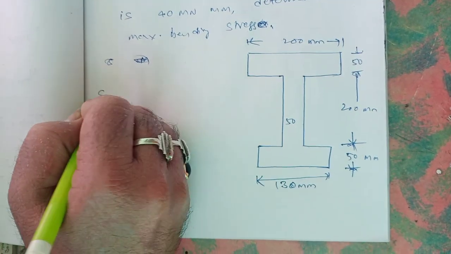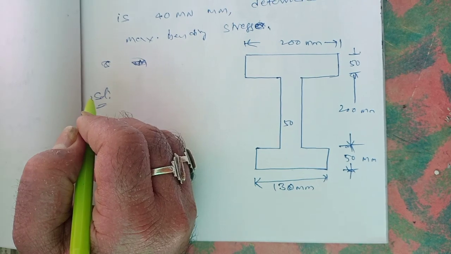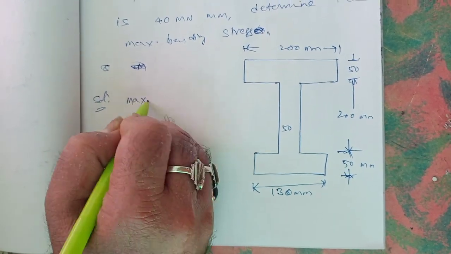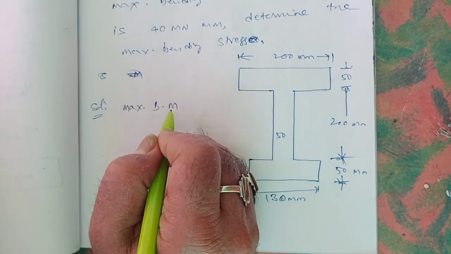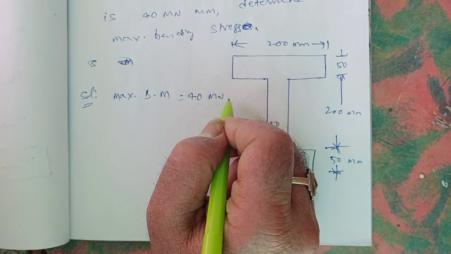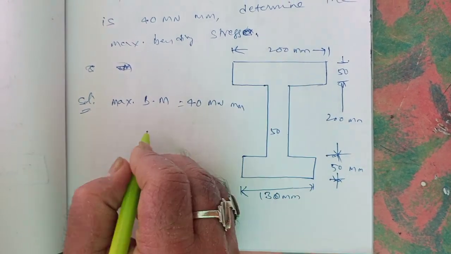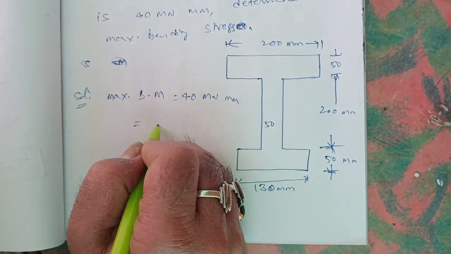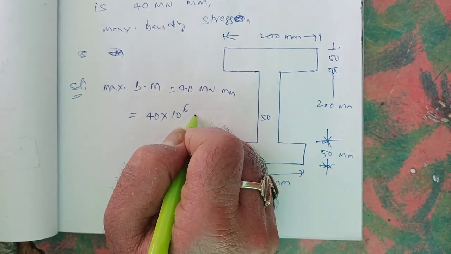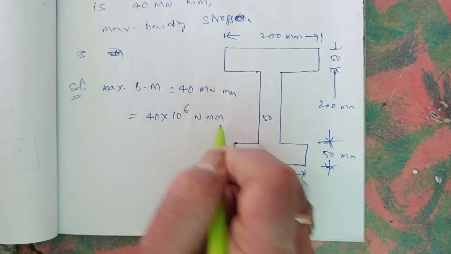Given maximum bending moment is 400 million Newton millimeter, which is equal to 400 into 10 to the power of 6 Newton millimeter.